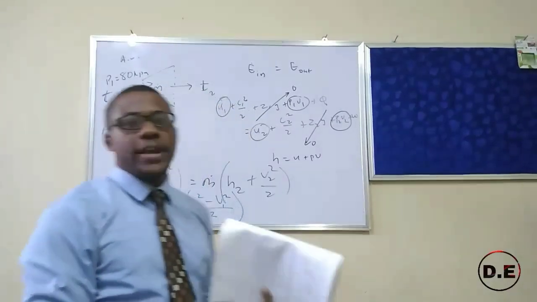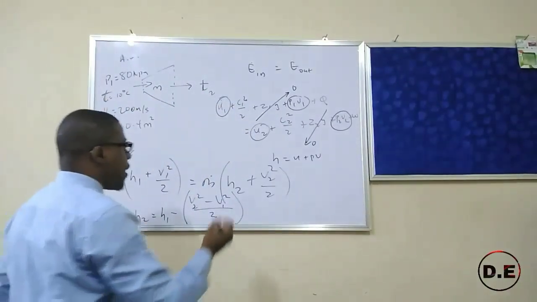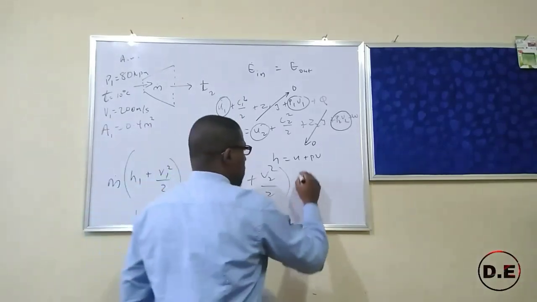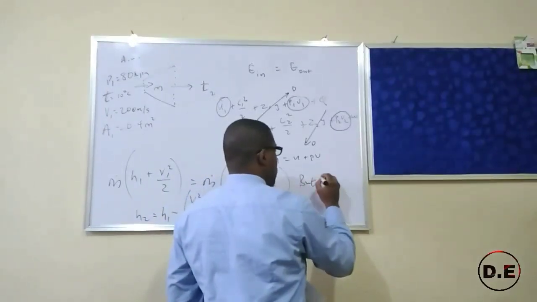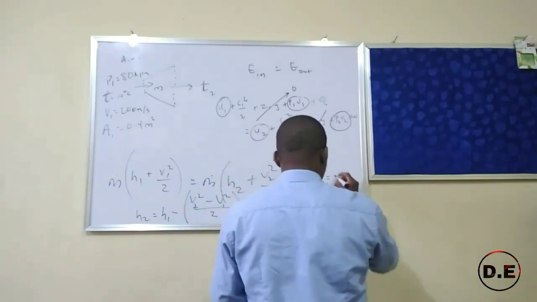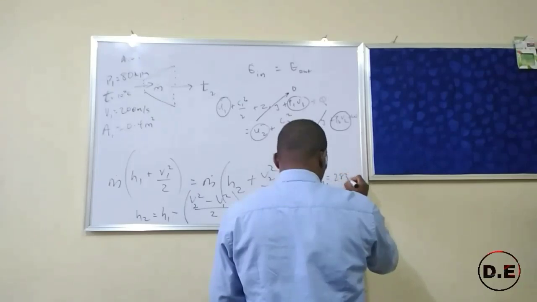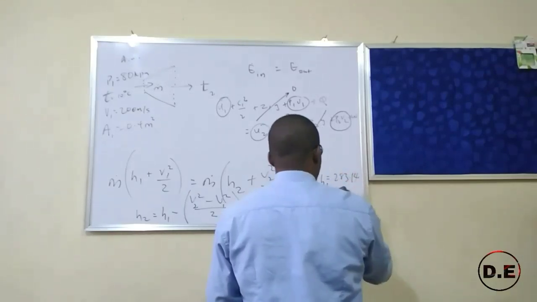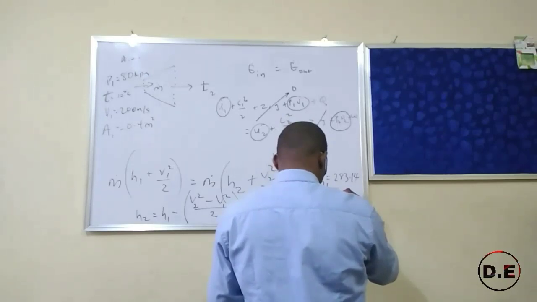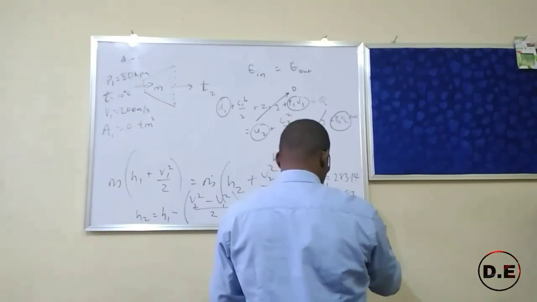How do we know that? We go to air tables. We'll say for air, H1 is equal to, from air table, 283.14 at 283 Kelvin.